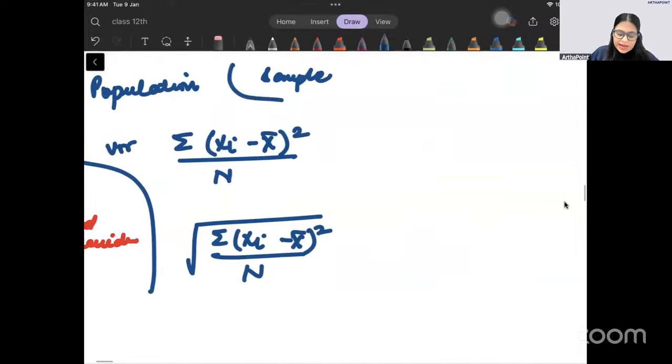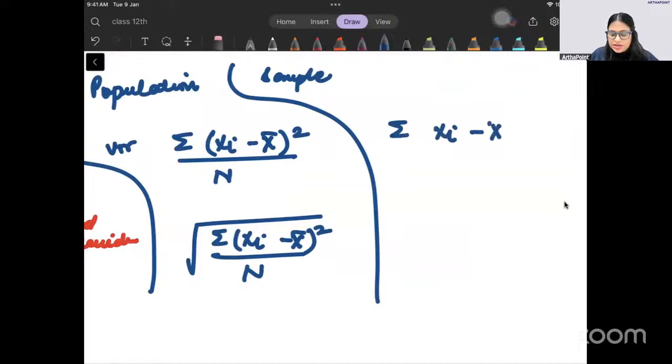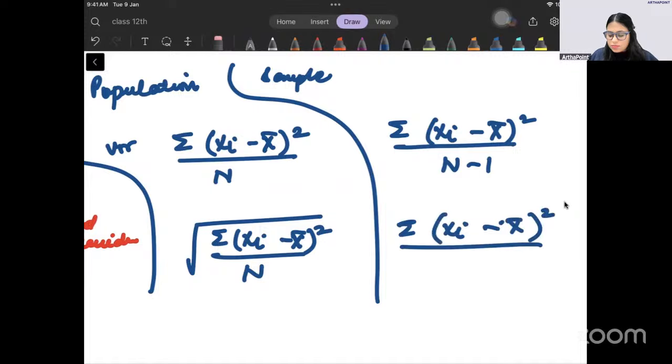But if it is sample, then it will become summation (xi minus x bar) whole square divided by n minus 1 and its under root will become the standard deviation.